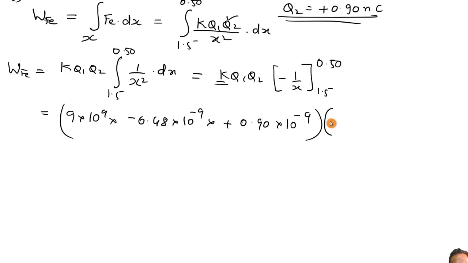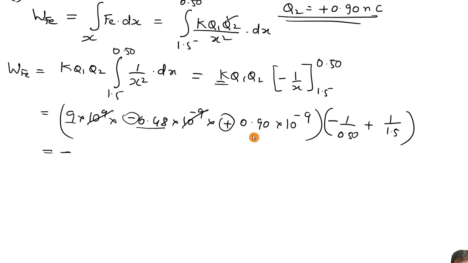So this will be minus of 1 upon x, first we take 0.50, minus of minus is plus 1 upon 1.5, right? Now first let me take care of the sign, plus and minus, so this will be minus, and then 9 times 0.48 times 0.90, let me check what it is. 9 times 0.48 times 0.90 gives me 3.88.